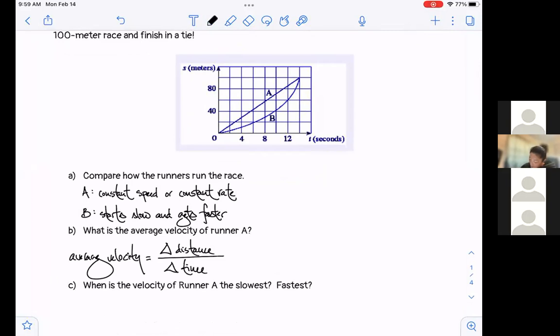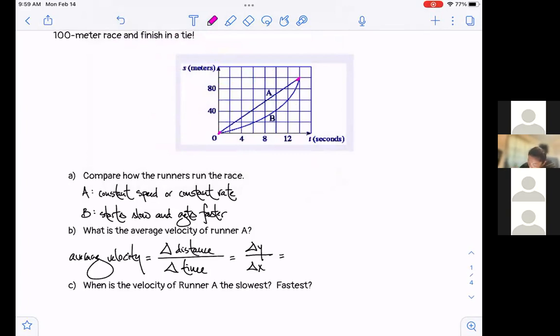On our graph, we have distance on the y-axis and time on the x-axis, so that's the same as saying change in y over change in x. And we can do exactly what Utku said, which is find this point.